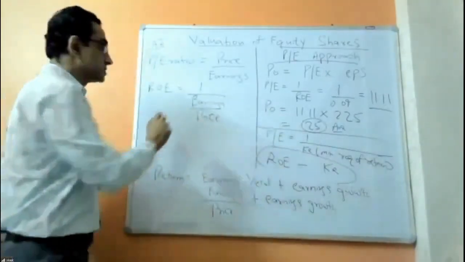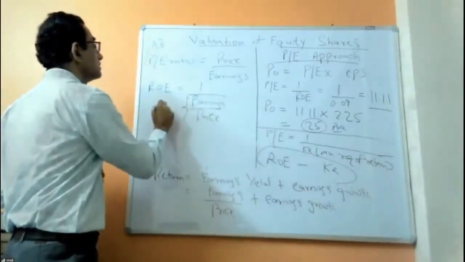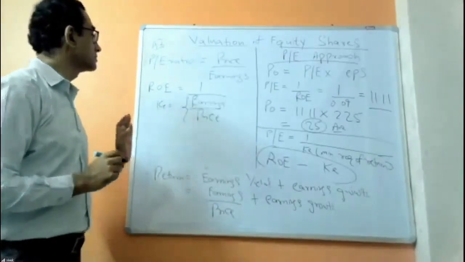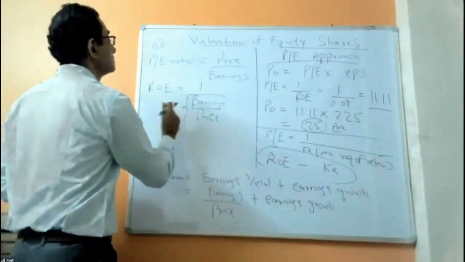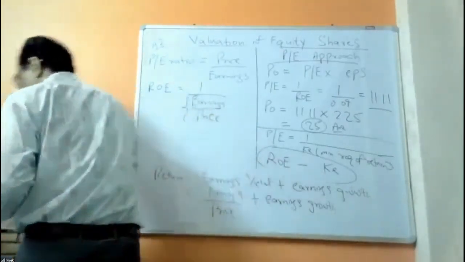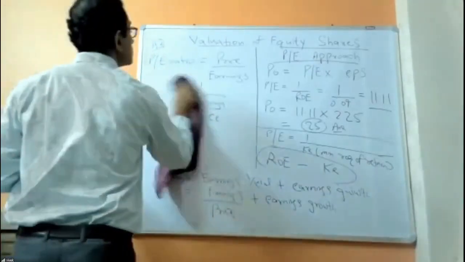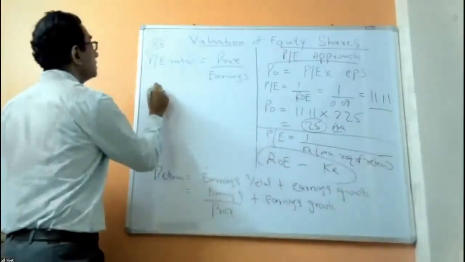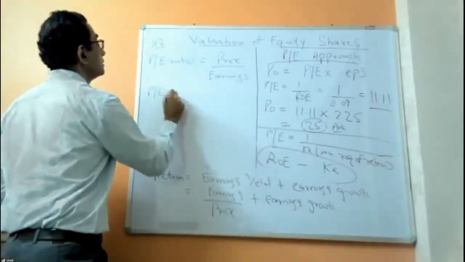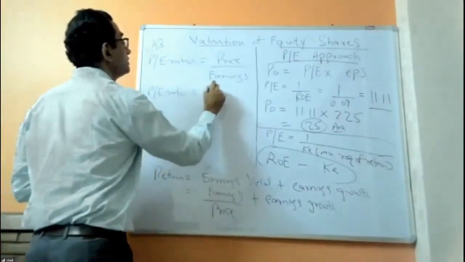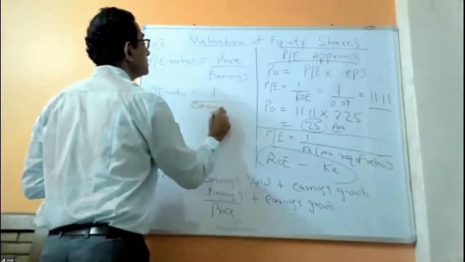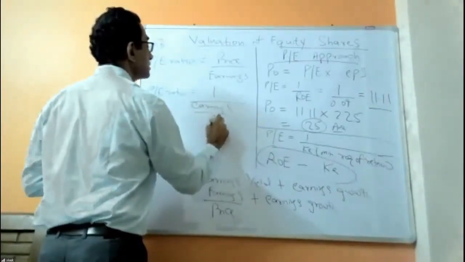So earning upon price, this is actually the K. So price earning ratio is the inverse of cost of equity. Earnings upon price.